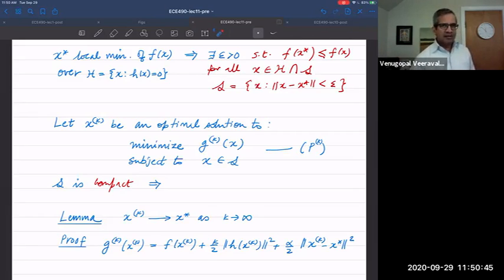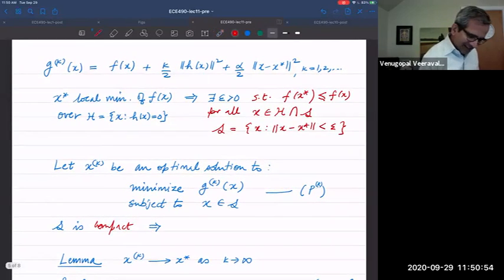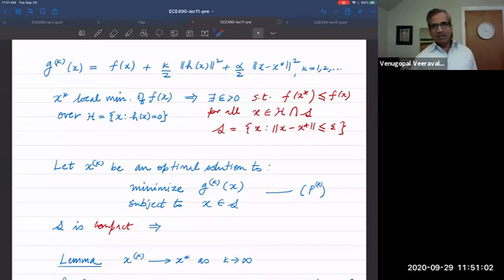So I put a ball around it. Everything in that ball is going to be bounded, and the set is closed. Oh, it's not going to be closed if I don't include epsilon. Sorry, let's include epsilon. I don't know why I'm not writing my inequalities properly today. So this has to include epsilon, and that's what will make it a closed set.